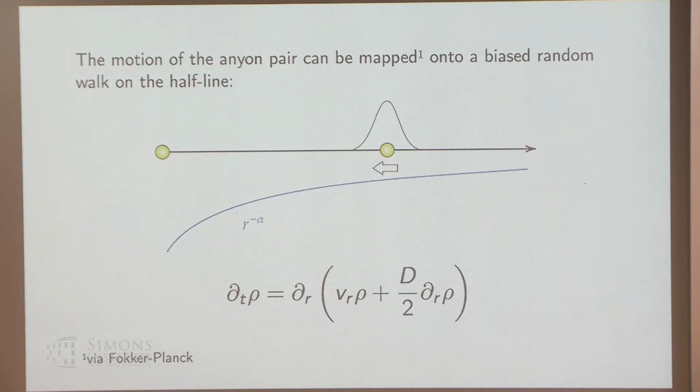Now, all we care about is the radial separation between the two anyons in the pair. So we can map this problem onto a biased random walk on the line. One member of the pair is sitting at the origin, the other member is over here. This one is being attracted to the origin by this force, but there's also some noise acting on it, which is causing it to diffuse and jiggle around.